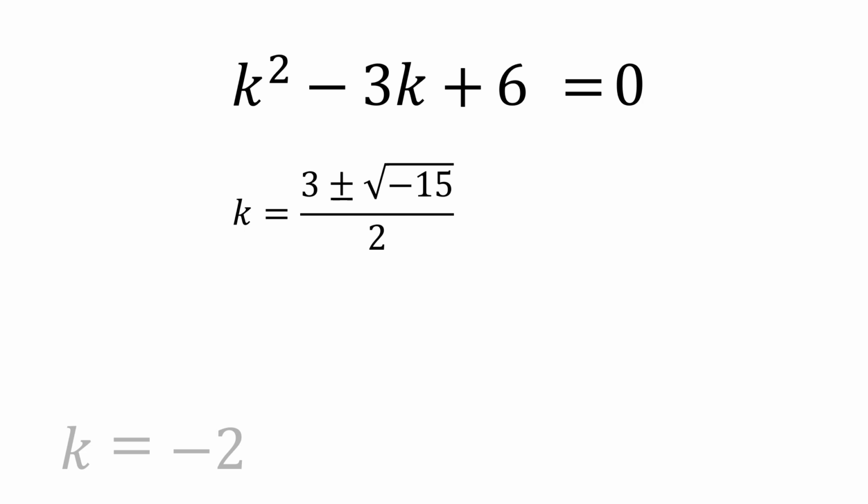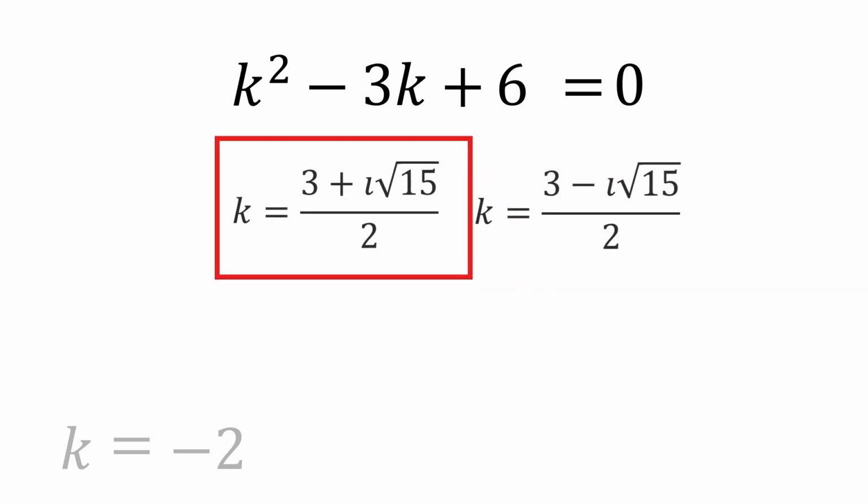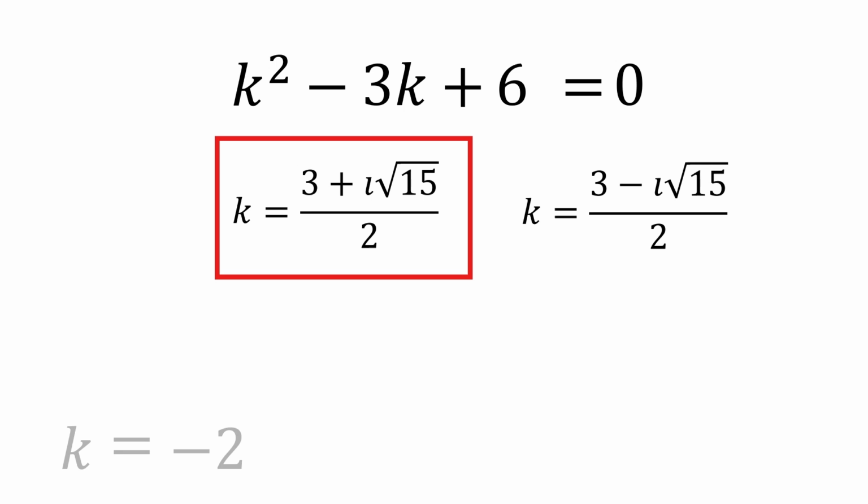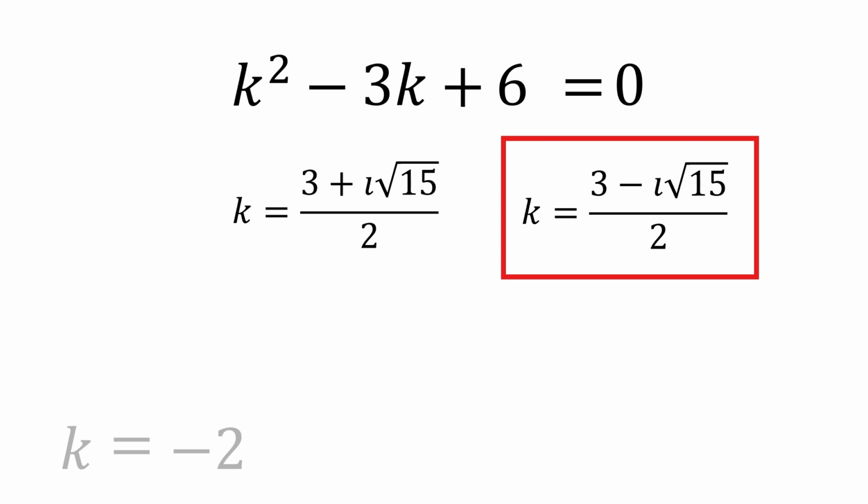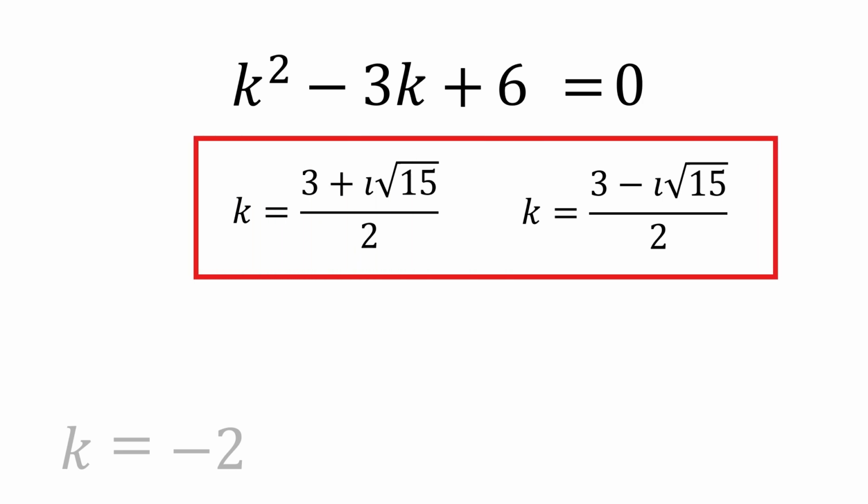Using the imaginary unit, the square root of -15 becomes i root 15. So our final 2 solutions are 3 plus i root 15 divided by 2, and 3 minus i root 15 divided by 2. Notice how they arrive as a pair, one with a plus, one with a minus.